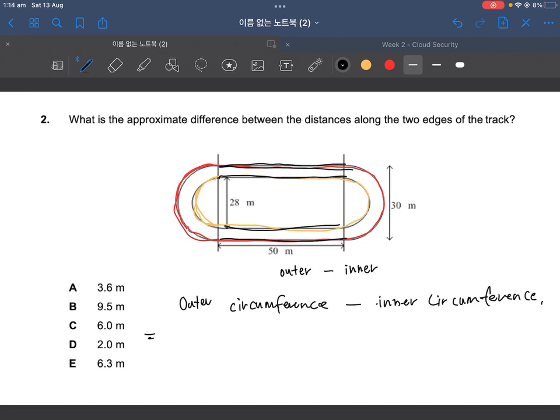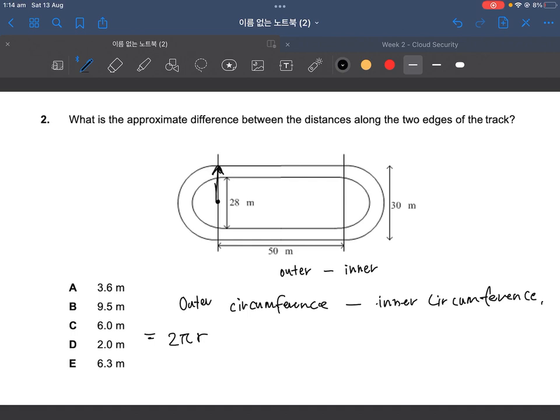Circumference of a circle is 2 pi r. This r represents the radius, which is from the center of the circle, found here, to the edge of the circle, which will be found here. Now we're talking about the outer circle, remember? We're actually dealing here with semicircles, one on the left, one on the right, but because there's two of them, I'm just going to count them as one whole circle.